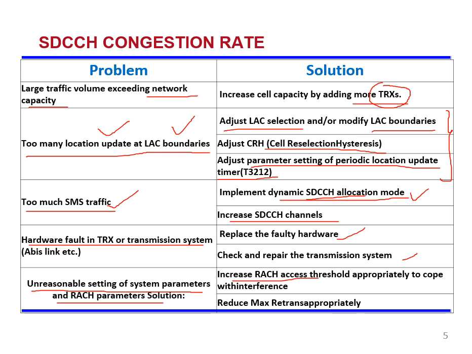RACH stands for random access channel. Increase the random access channel access threshold appropriately to cope with the interference, and reduce maximum retransmission appropriately. So these are the solutions for these various problems.